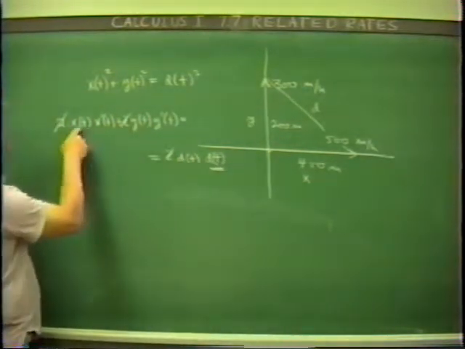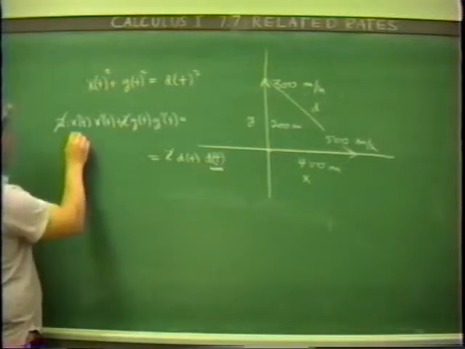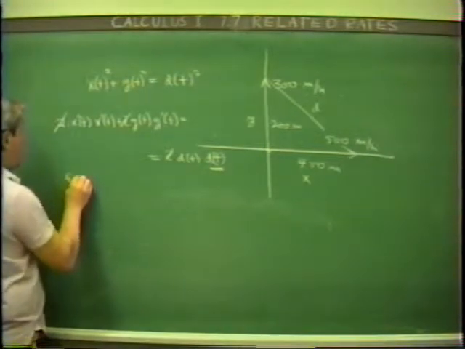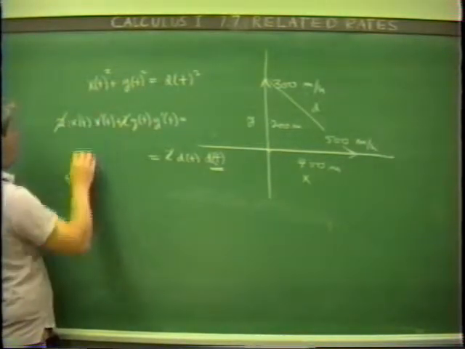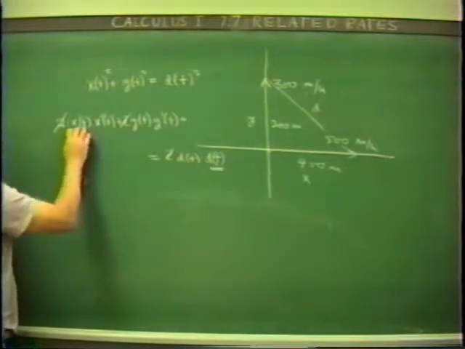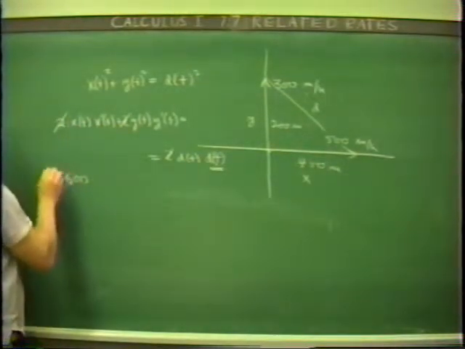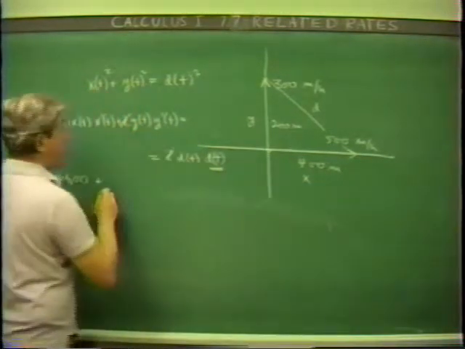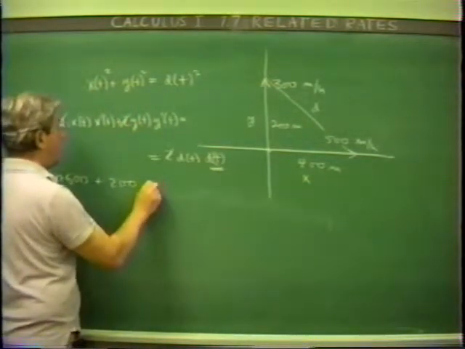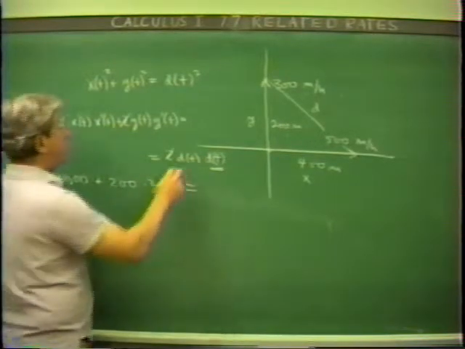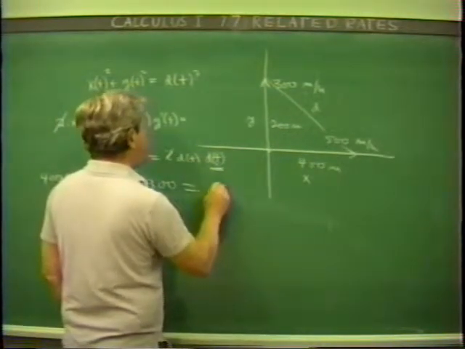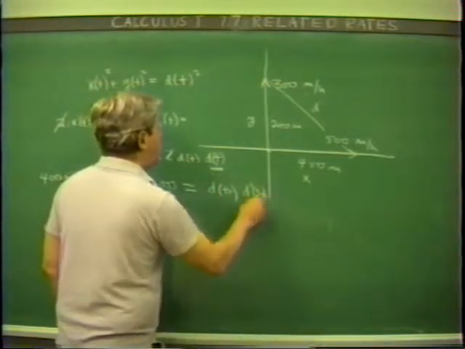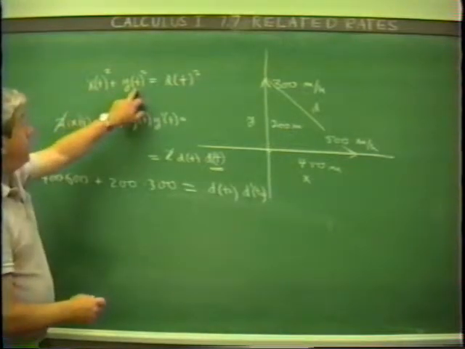Well, at the time we're interested in, we can cancel all of these 2's, and we get x at the time we're interested in is 400, and x prime is 500 miles an hour, so 400 times 500, plus y at that time is 200 and y prime is 300, so 200 times 300, is equal to d times d prime at the time we're interested in.